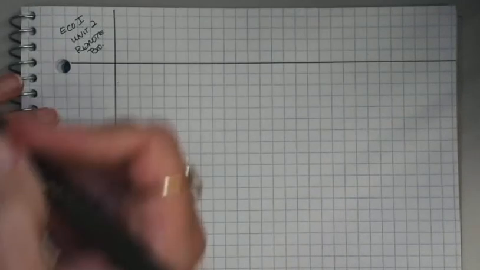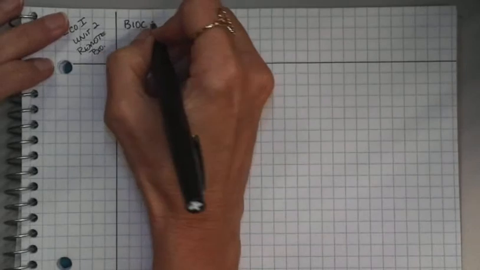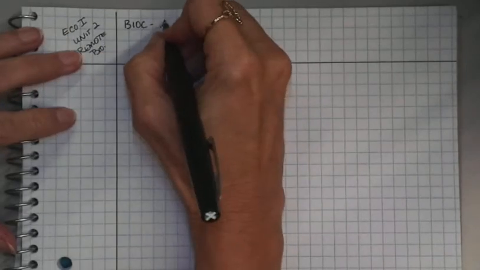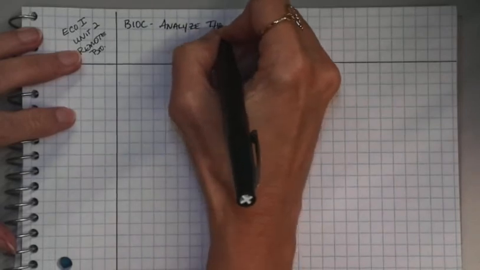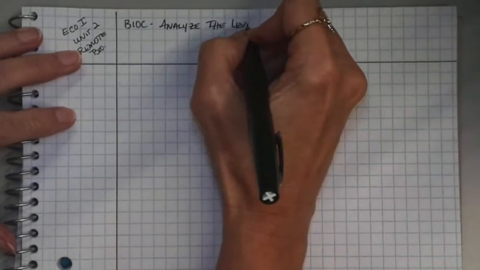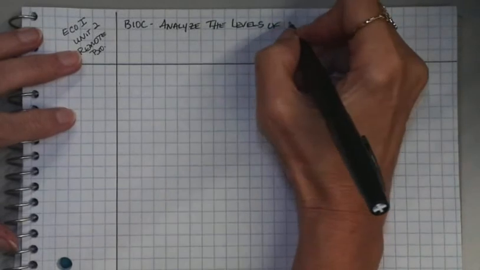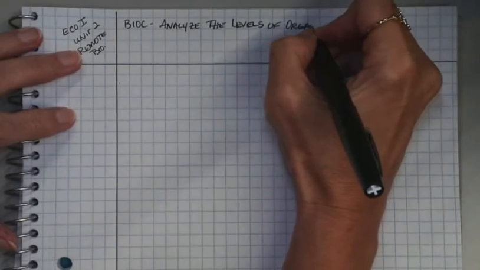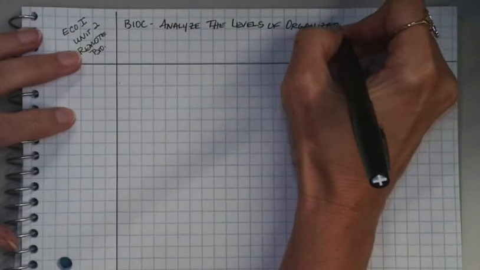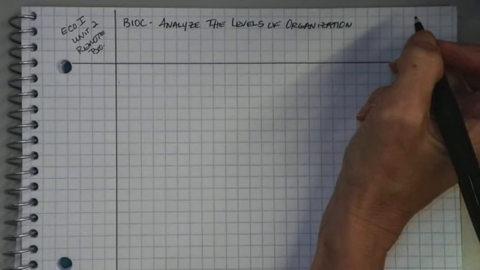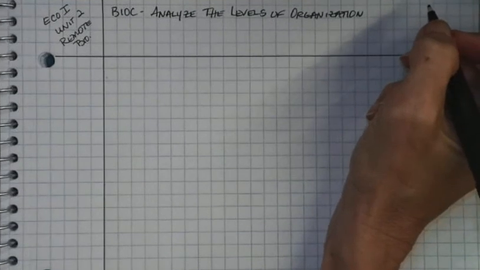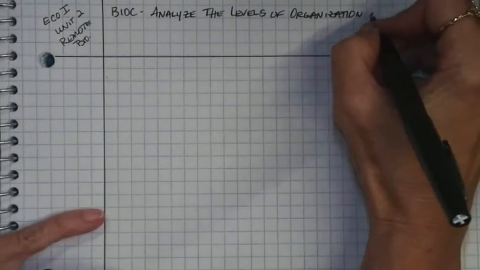Let's start off with B10C. B10C says you're going to analyze the levels of organization. And you should remember the levels of organization from your earlier science classes. At least you should recognize them. You're going to analyze the levels of organization in biological systems.